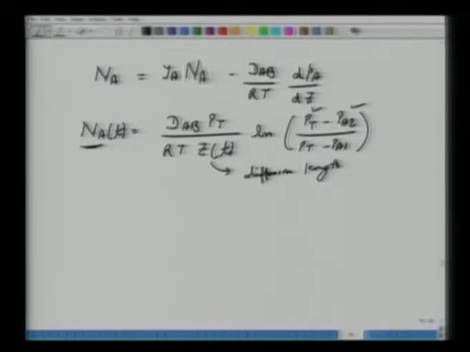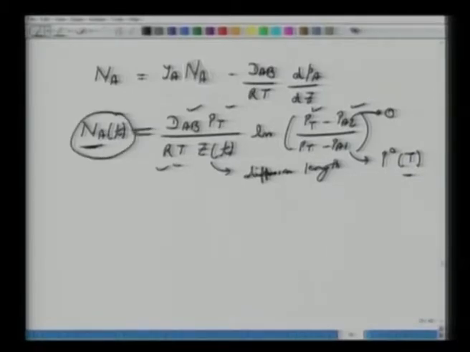PT, PA2 we can assume 0, PA1, the partial pressure of A, is nothing but the vapor pressure of ethyl acetate, temperature is fixed, all quantities are fixed. If Z changes with time, NA will also change with time. So the question here was, what is the diffusion flux at the instance when the level is 7 centimeter.